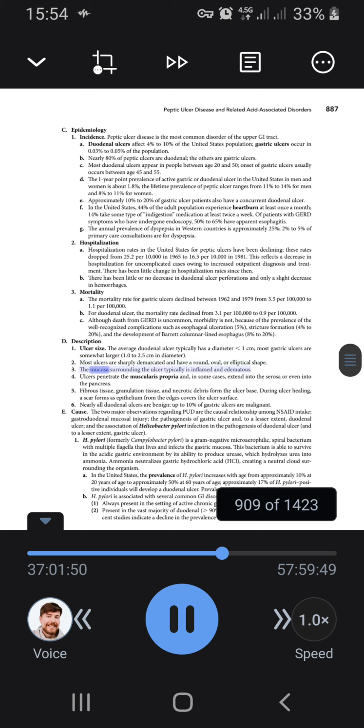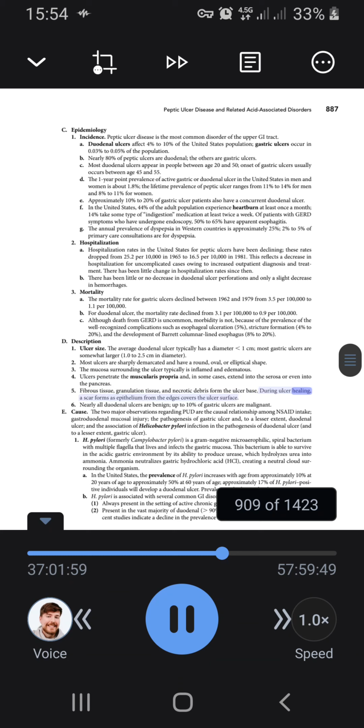The mucosa surrounding the ulcer typically is inflamed and edematous. 4. Ulcers penetrate the muscularis propria and, in some cases, extend into the serosa or even into the pancreas. 5. Fibrous tissue, granulation tissue, and necrotic debris form the ulcer base.